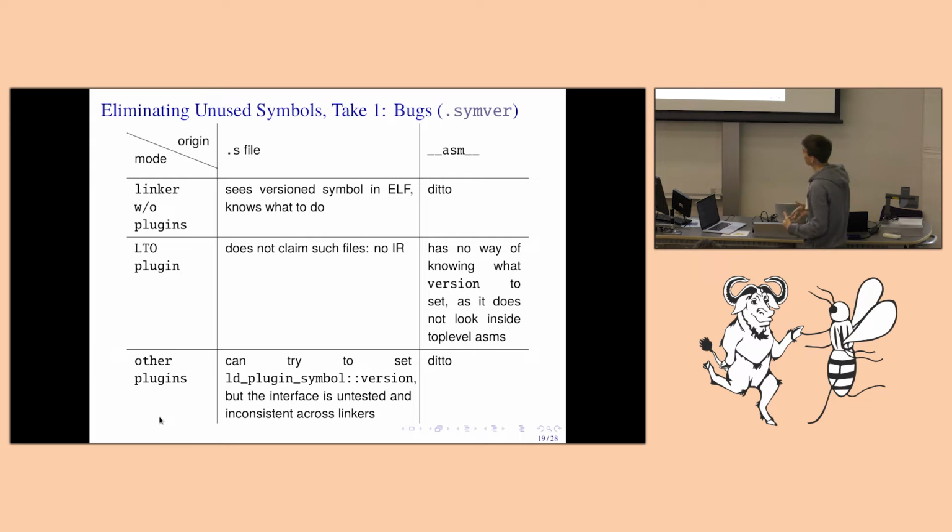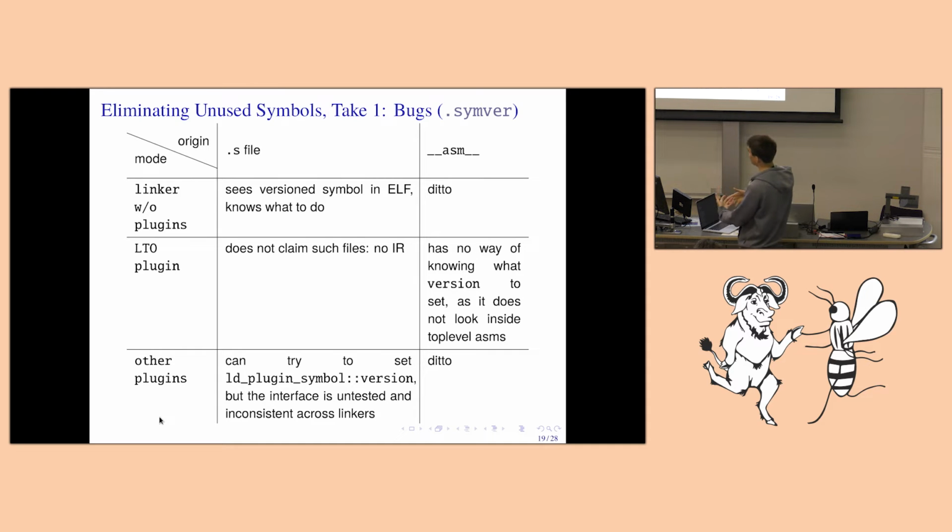Assembly code comes from two sources, from assembly files themselves and from inline assembly in C files, say. In the normal operation of the linker, if it sees a file with symver which came from assembly, it also knows what to do. It's a valid ELF, it has the symbol version where it has to be. Same goes for inline assembly, because it ends up in the ELF anyway.